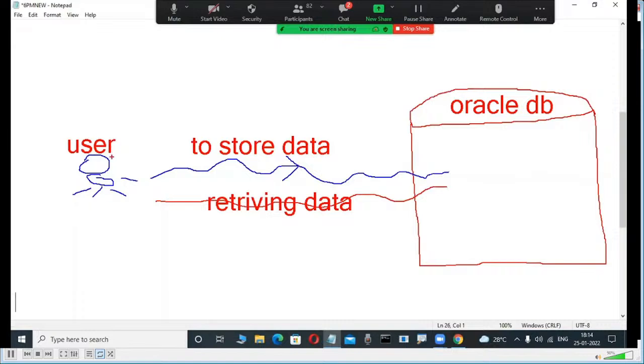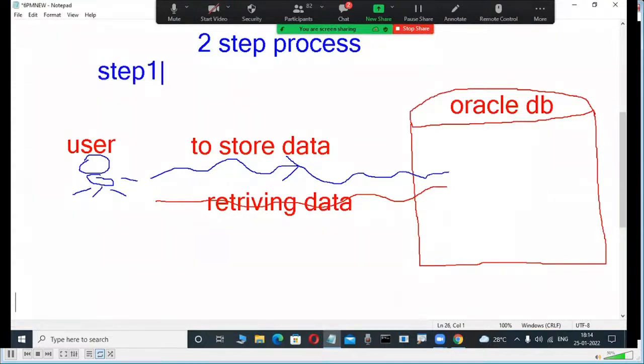If any user wants to perform operations in an Oracle database, it is a two-step process, not a single step. Very, very important, a two-step process.